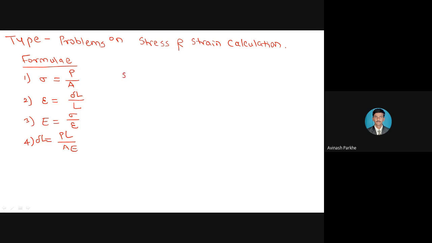Then formula number 5, delta L is equal to WL square upon 2E.